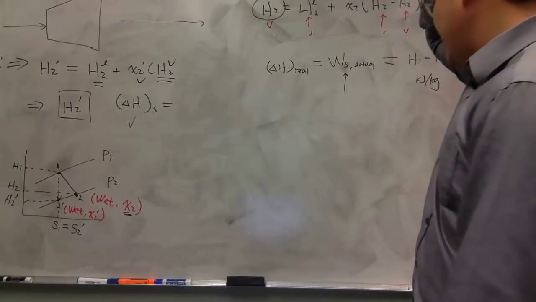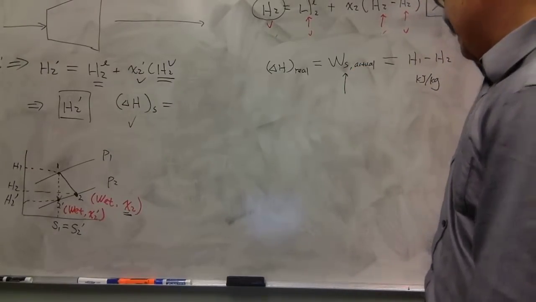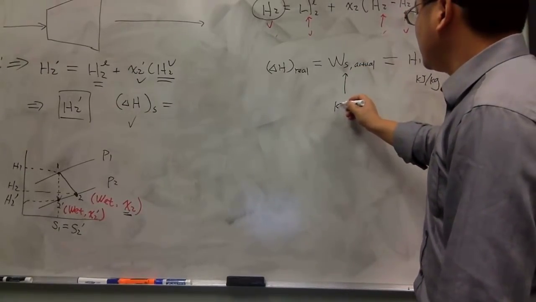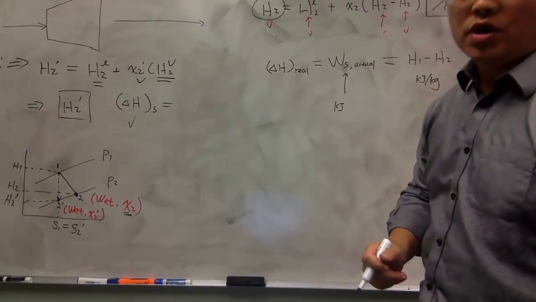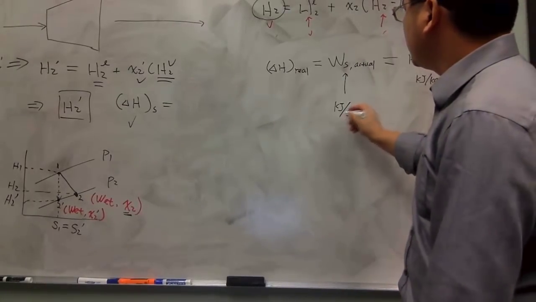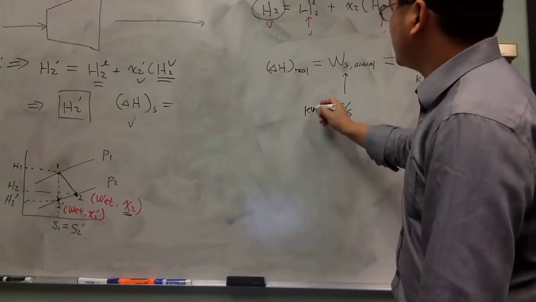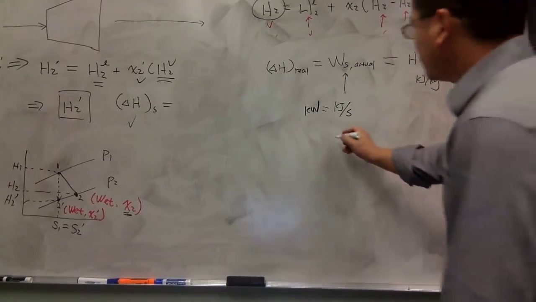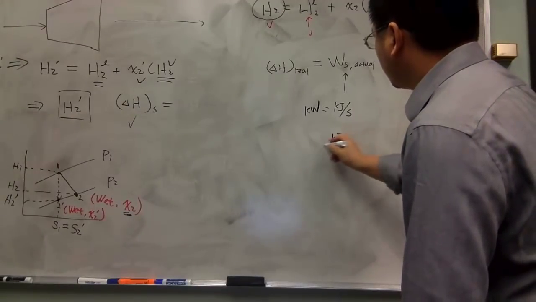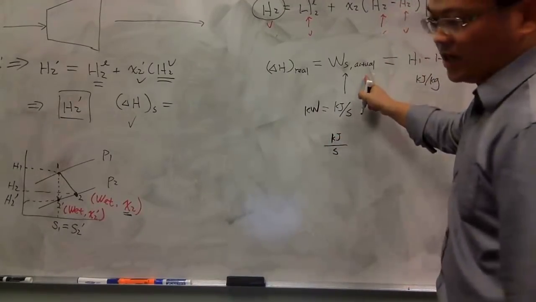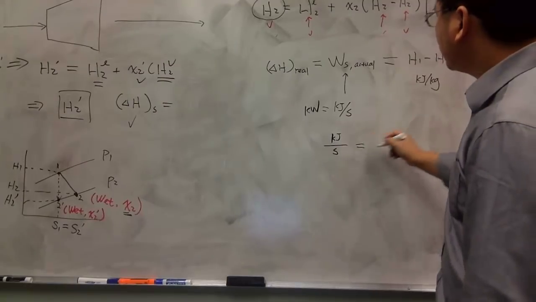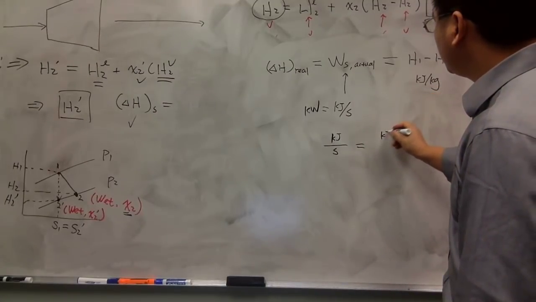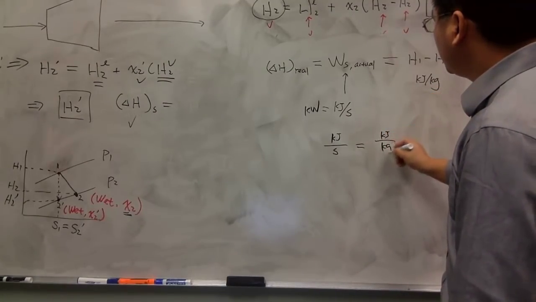In the problem statement, we are going to have the shaft work in kilojoule per second, which is kilowatt, right? So now we need to take a look: this is kilojoule per second on the left hand side. On the right hand side, I'm going to have kilojoule per kilogram.